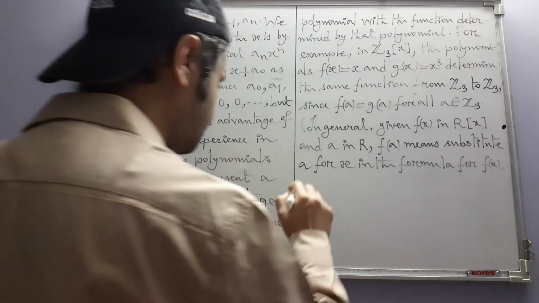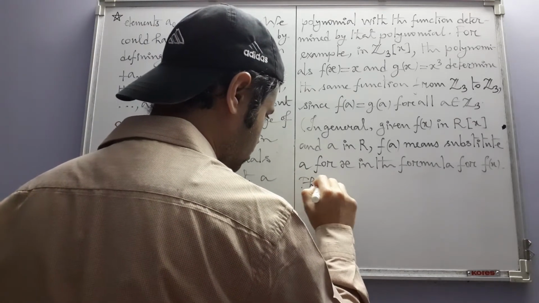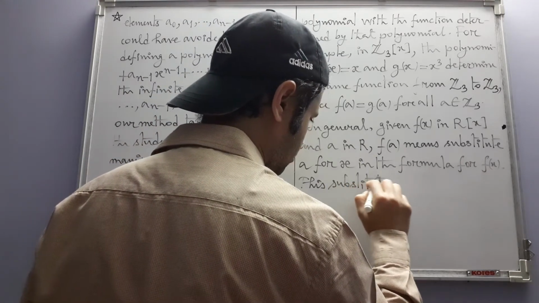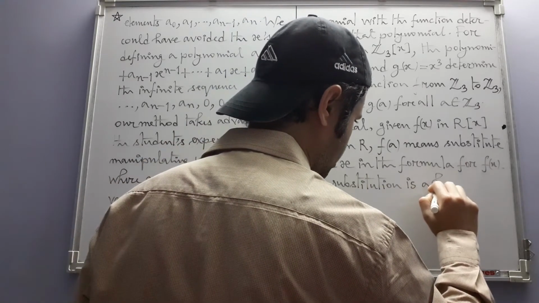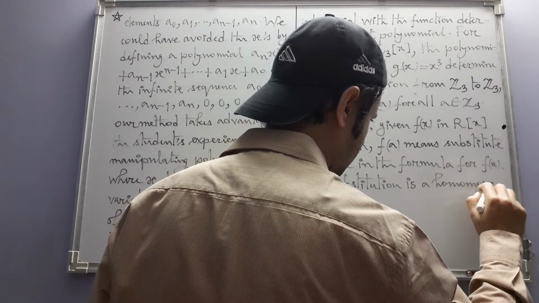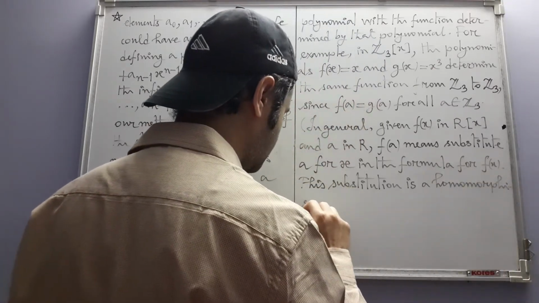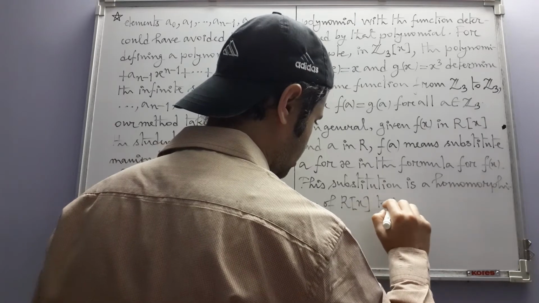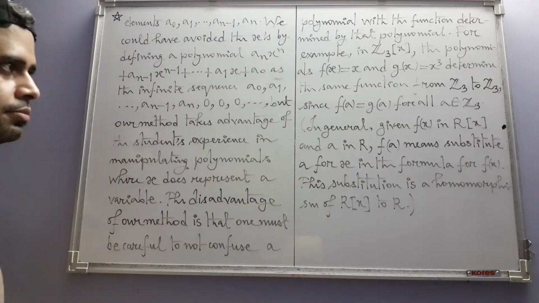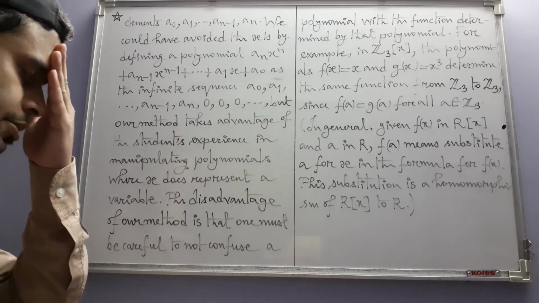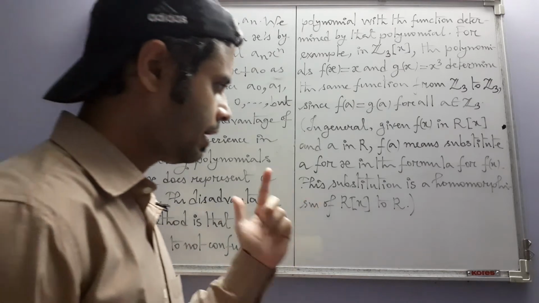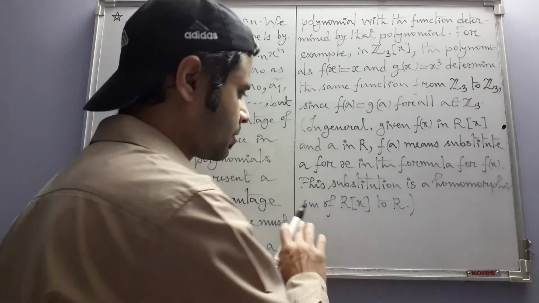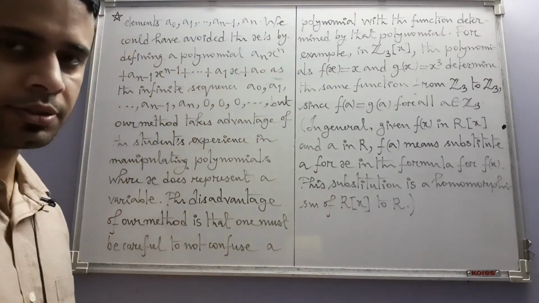This substitution is a homomorphism of the ring R[x] to the ring R. That is, if one associates the polynomial f(x) to the ring element f(a), where one keeps a constant, then one gets a ring homomorphism from R[x] to R.